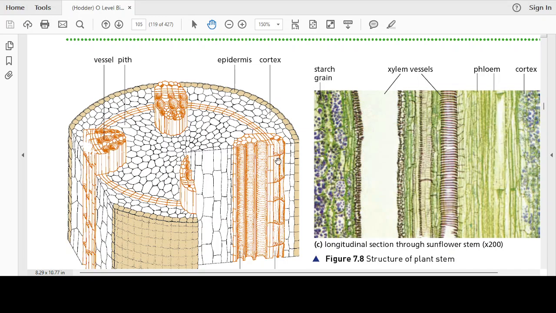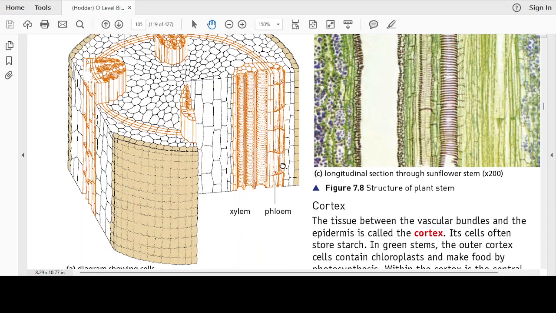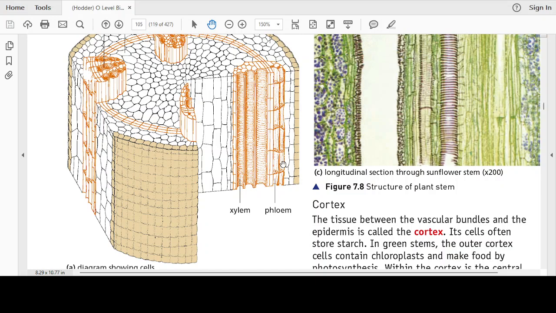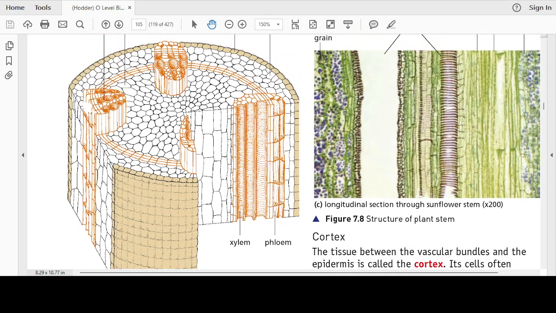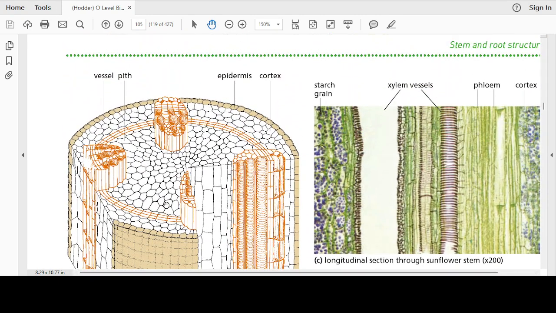These on the outer edge are the phloem. You can see that the cells are elongated. So xylem on the inside, phloem on the outside, and this middle region is the pit.